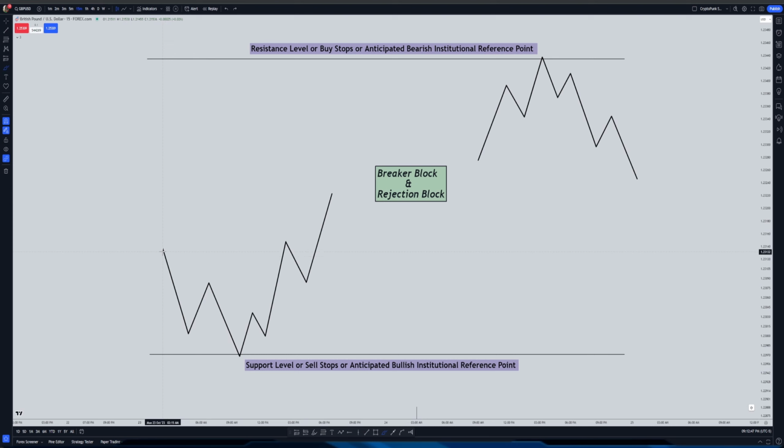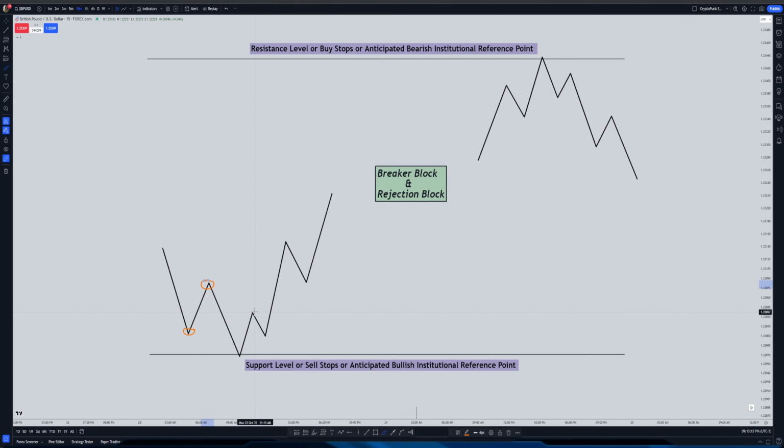Okay, so price from a certain point, it created a short-term low, it created a short-term high, then it violated that short-term low or it went below that short-term low. Okay, and then what happens is it reverses from your anticipated point or the support level.